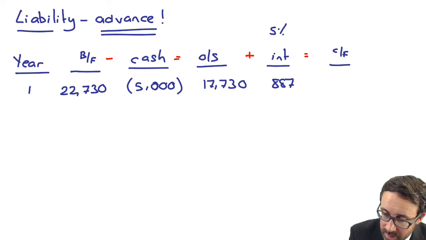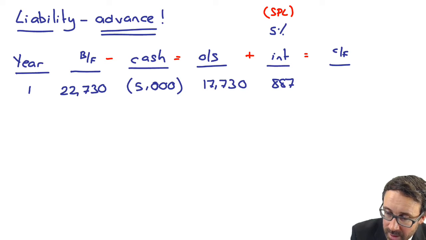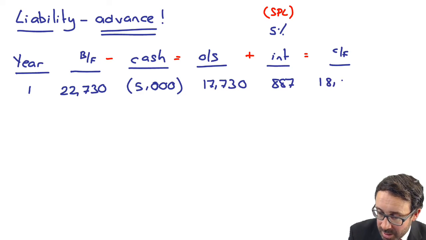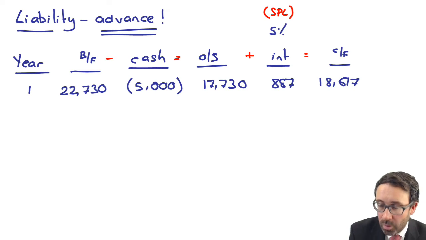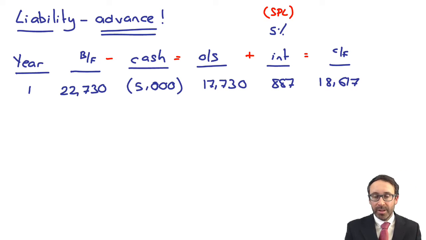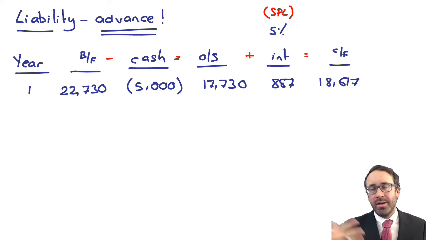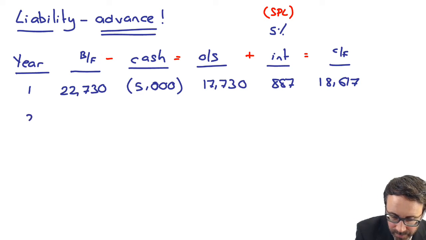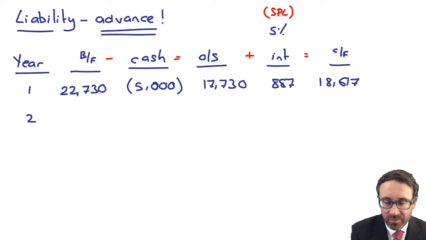That's what appears within the statement of profit or loss alongside any depreciation, and that gives me 18,617. Once you've got it for year 1, years 2 onwards then follow suit. But it's the set out of the table that's vitally important.